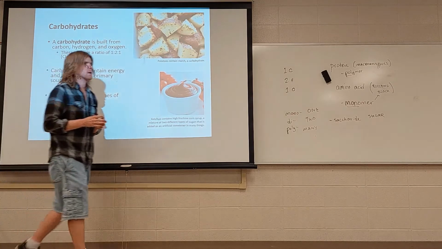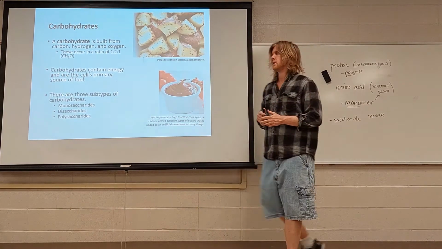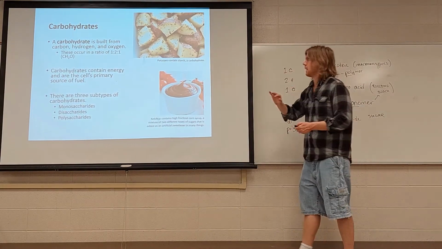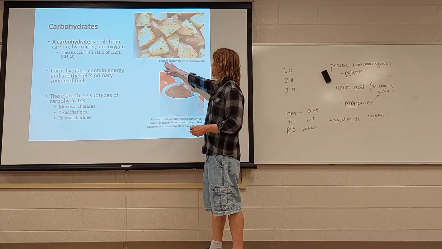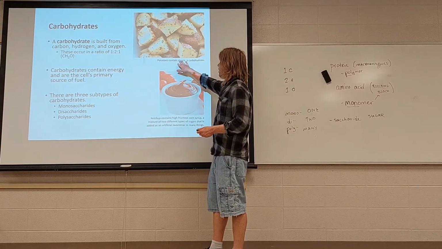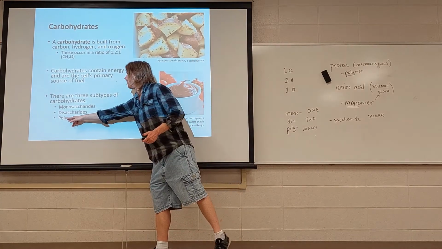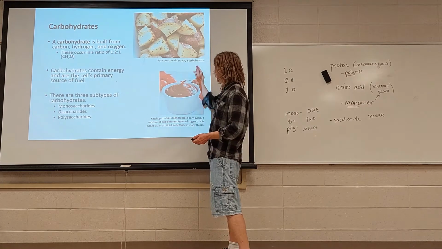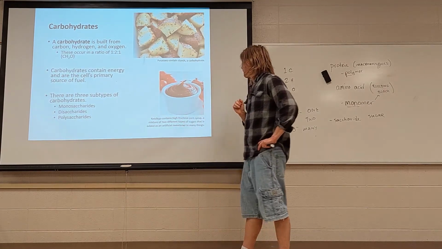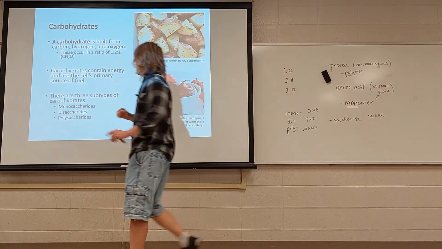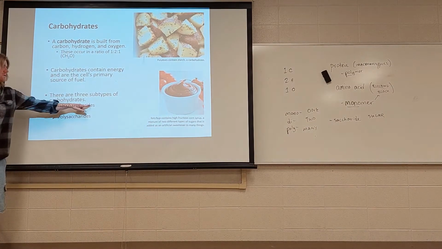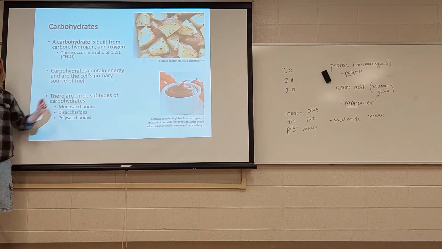The pictures here just illustrate some examples of carbohydrates in your everyday life diet. Potatoes, of course, contain starch, which is going to be one of the long chains. Ketchup contains high fructose corn syrup, which is a mixture of 2 of these simple sugars.